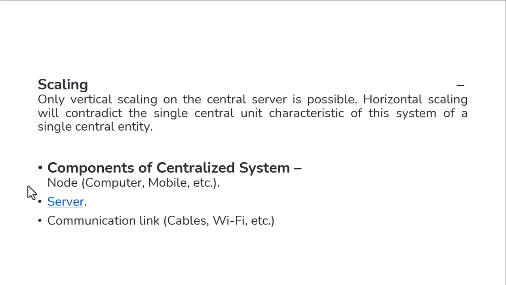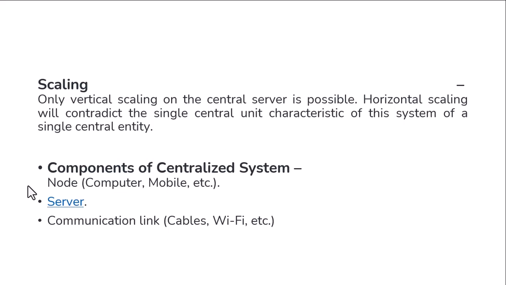Horizontal scaling will contradict the single central unit characteristic of this central entity. Later, in the decentralized system, instead of going vertical, we expand the system horizontally and peer-to-peer links are created.